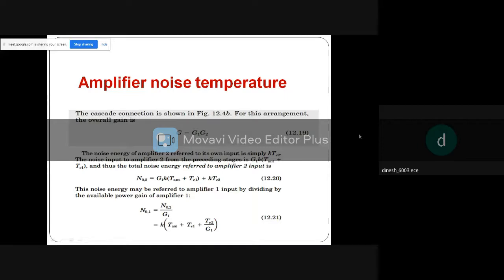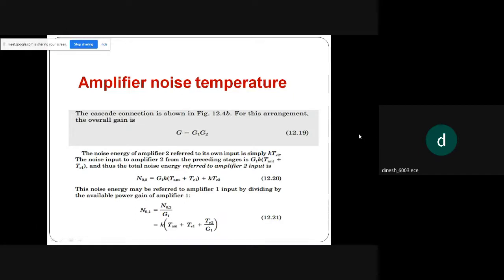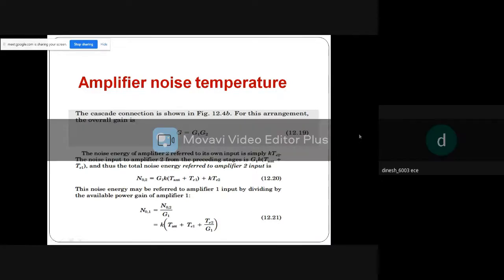N naught 2 can be obtained by G1 K times T antenna plus T E1, because of the first amplifier, plus K T E2. On simplifying and substituting into N naught 1, we get K into T antenna plus T E1 plus T E2 divided by G1.